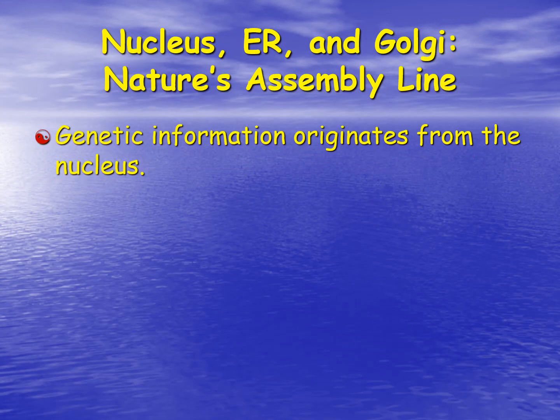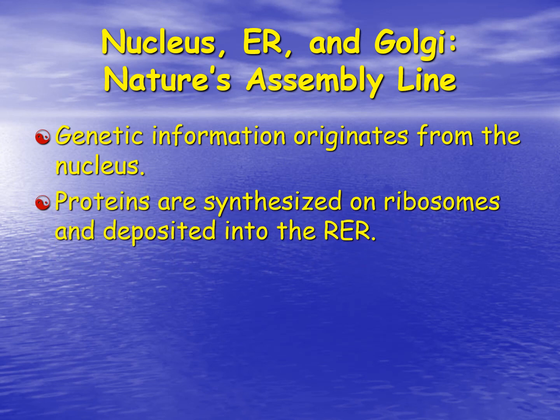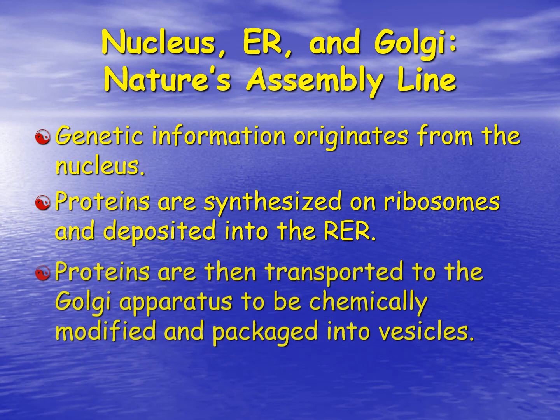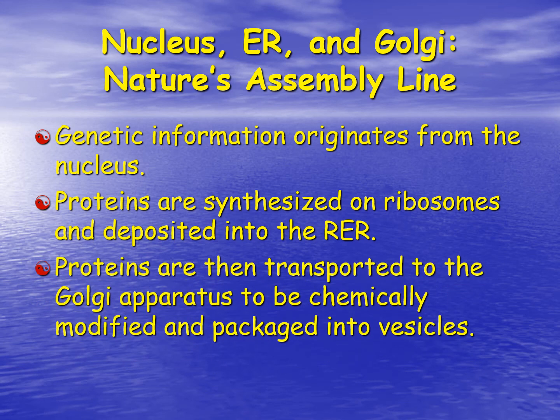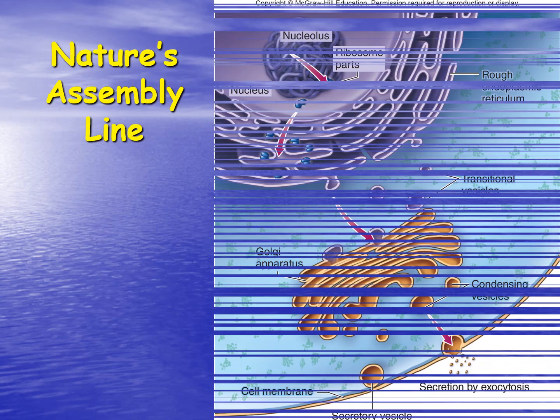So, genetic information originates from the nucleus, and this is where we have the blueprints to make proteins, and we'll talk about protein synthesis a little later on. Proteins are synthesized at the ribosomes and will be deposited into the rough endoplasmic reticulum that are then transported to the Golgi apparatus and are chemically modified and packaged into vesicles.